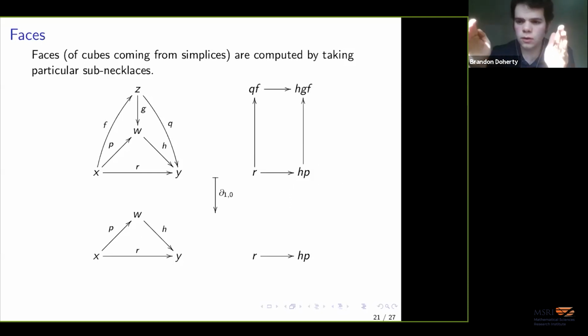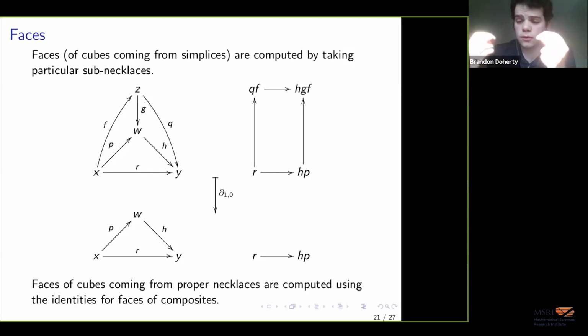So right here, for instance, to take the 1, 0 face of the cube, we take the 1, 0 face of that simplex. And that gives us a simplex of a lower dimension, so it corresponds to a cube of a lower dimension, which we can see as a face of the cube up there.